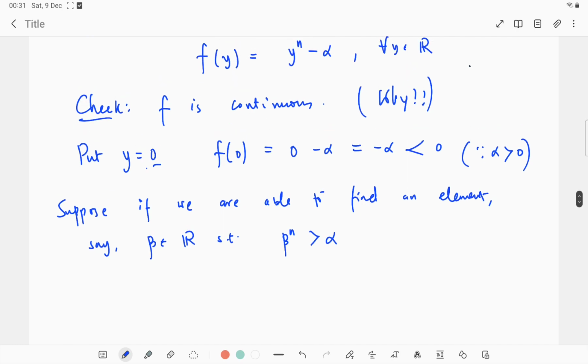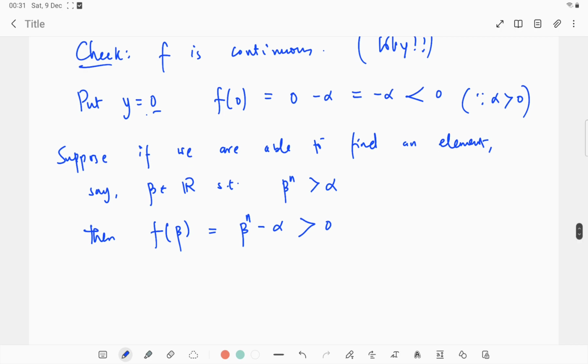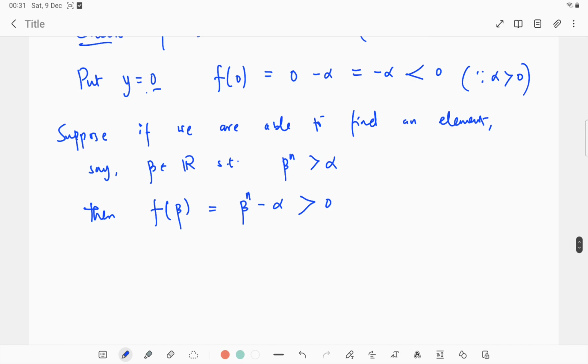Then f of beta is beta to the power n minus alpha, which is strictly positive.